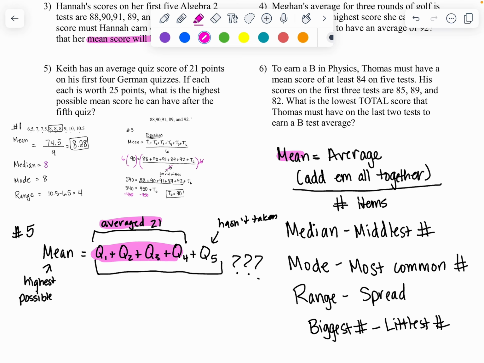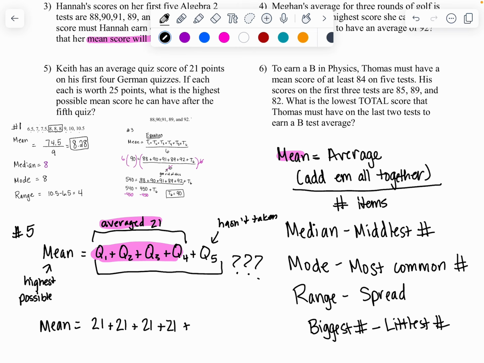Because 21 plus 21 plus 21 plus 21 divided by 4 is all 21. So we can say that the mean will equal 21 plus 21 plus 21 plus 21. Those all can be 21.